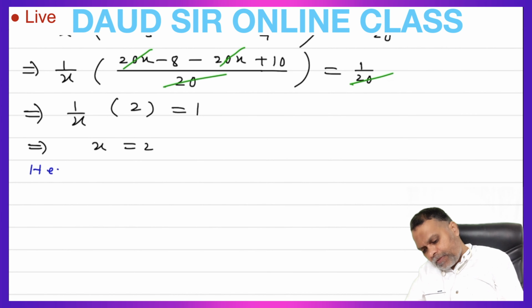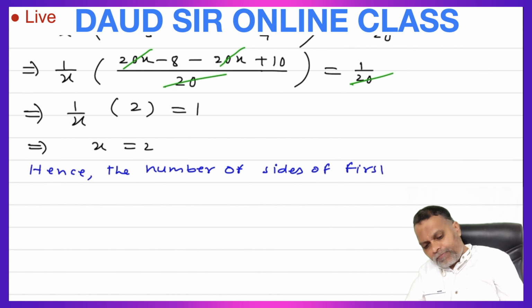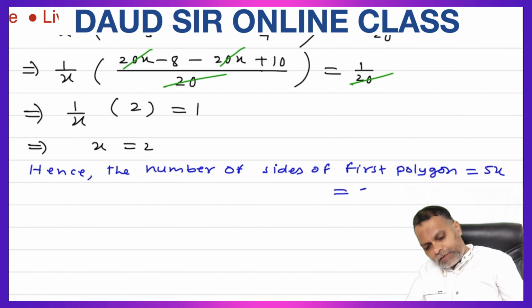Hence the number of sides of first polygon is equal to 5x is equal to 5 into 2, that is 10.